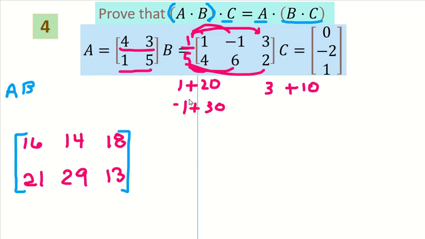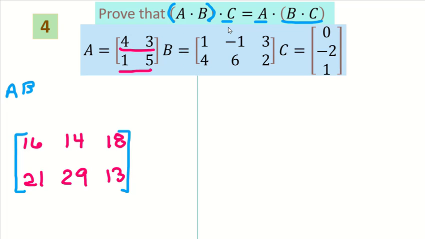All right, so now we have the product of A times B. So I'm going to erase this work. And we'll go on and we'll multiply that product times C. So C, I'll go ahead and put C over here, is a 3 by 1.